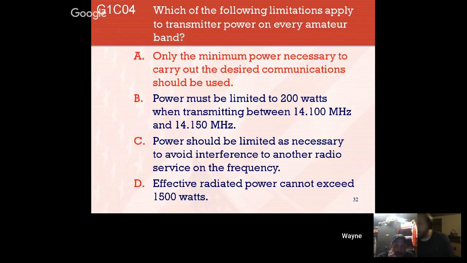By using the minimum power necessary, you reduce the occurrences of splatter across the band and interfering with other stations on the band, maybe not that far away on the dial. So using the least amount of power is always a good operating mantra to hold on to.